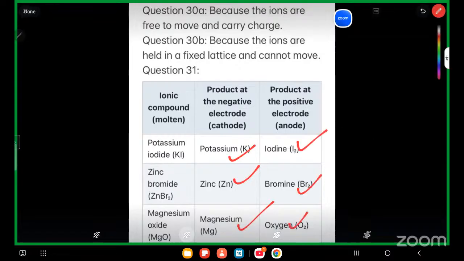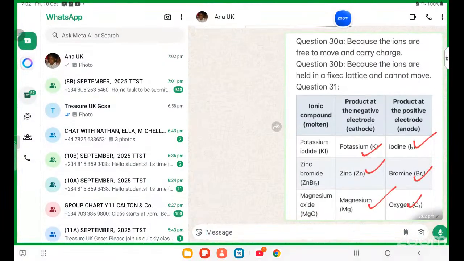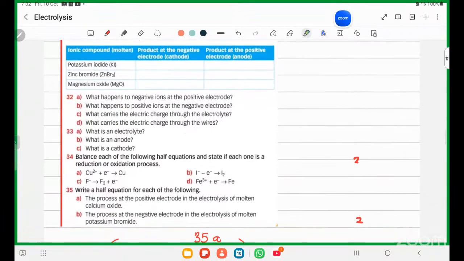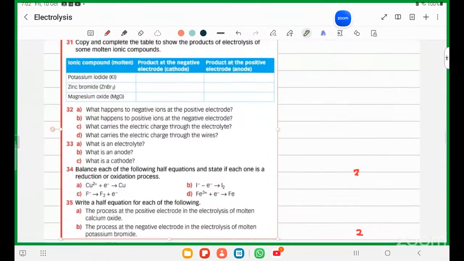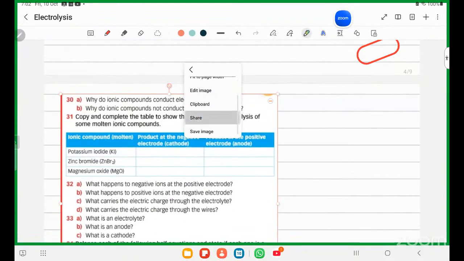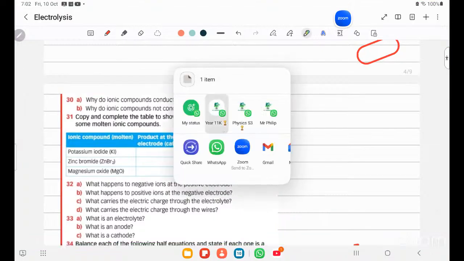All right, good. That's nice. So you would do 32, 33, 34, and 35 as homework, please. And make sure you send that latest tomorrow evening.